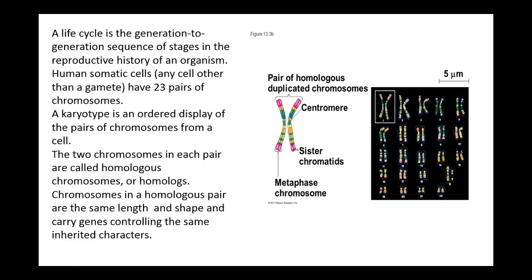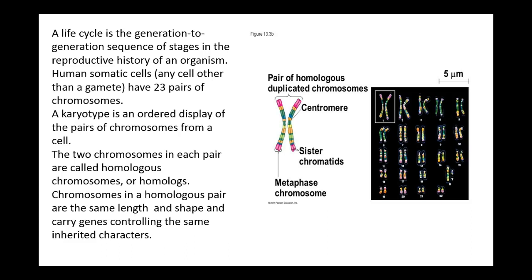Life cycle is about how long it takes for the genetic material to be passed from one to the next. So life cycle is a generation to generation sequence. And this means that from one generation to the next, that particular DNA can be passed along.